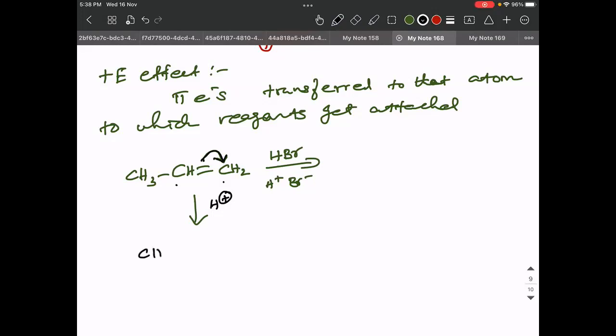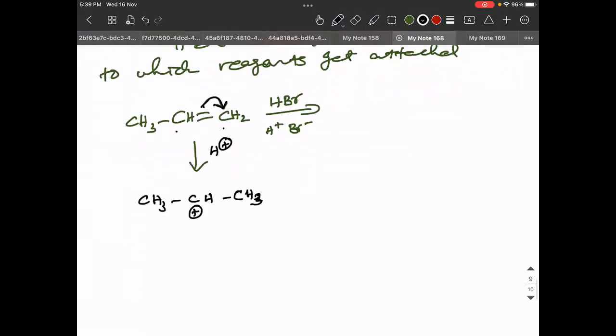What happened? CH3, CH plus, CH2 minus, correct? That CH2 minus will take the H plus ion, then it becomes CH3. Now the Br minus is attached.